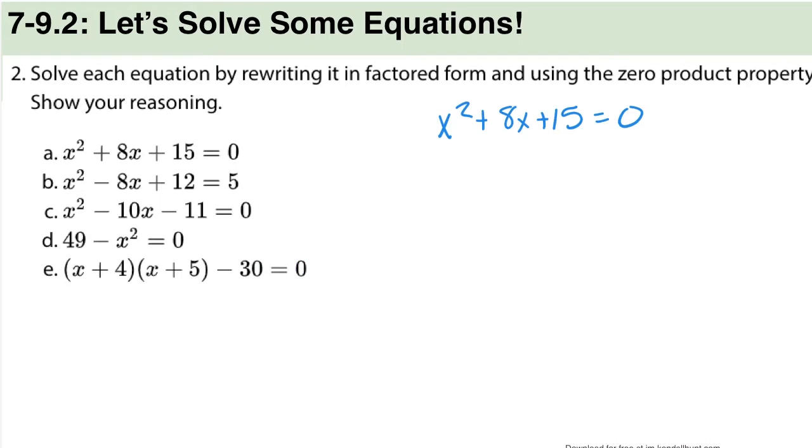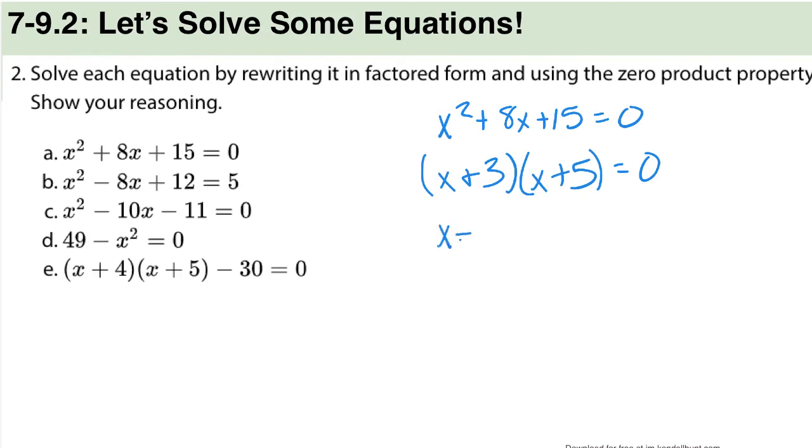In number 2, we're going to work through solving each of these. We'll do them one at a time. This first one I wrote down, it's already equal to 0, so I can go right into the factoring step. And I'm using what we did in the last lesson, and I can write it as x plus 3 times x plus 5.